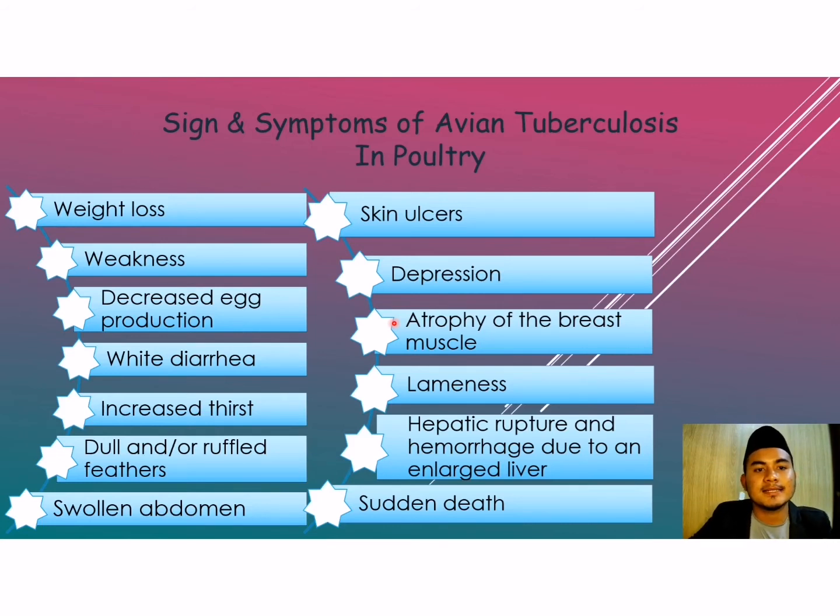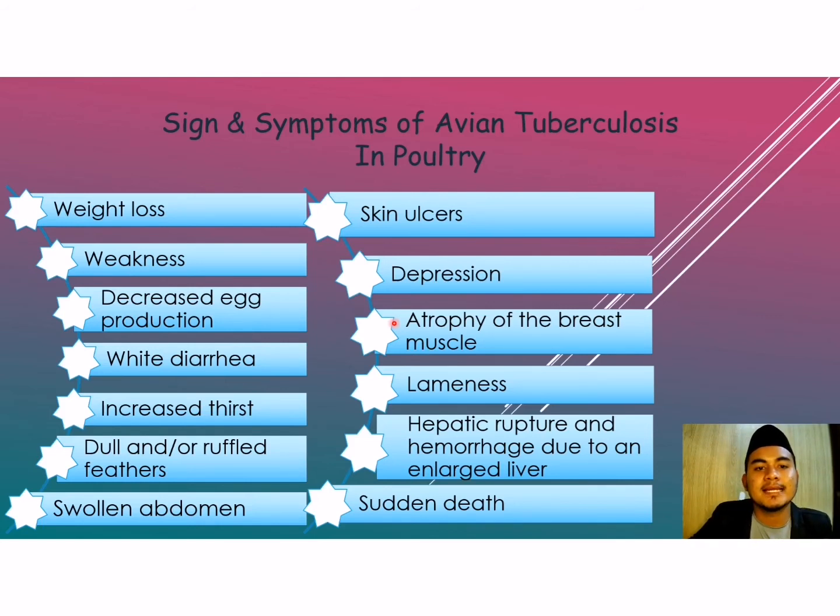The carcasses of dead birds will reveal extreme emaciation with no fat reserve, dramatic loss of muscle, and prominent bone protuberance. Lesions consist of white firm masses of various sizes in the liver, spleen, and bone marrow.